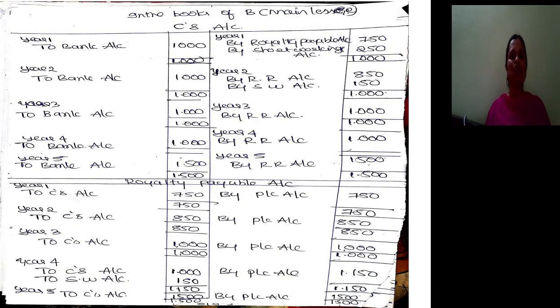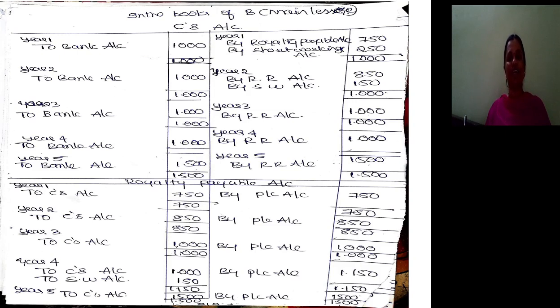Then the third year situation is where royalty is equal to minimum rent. How to pass the due entry? Journal entry: royalty payable account debit to lessor account, RP, not RR, rupees 1000. In royalty payable account debit, to lessor account 1000.